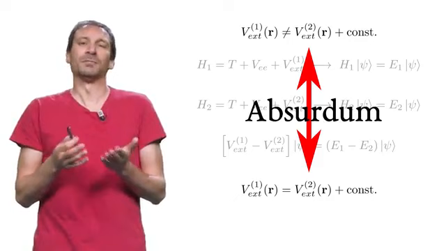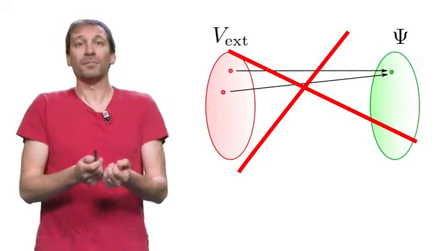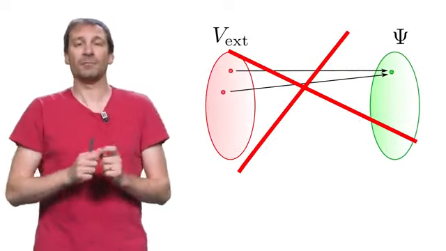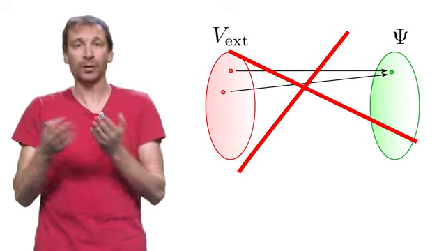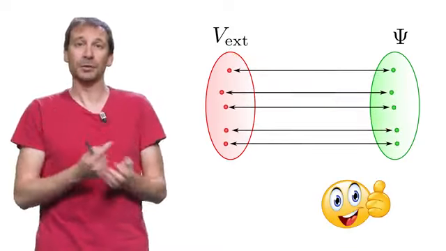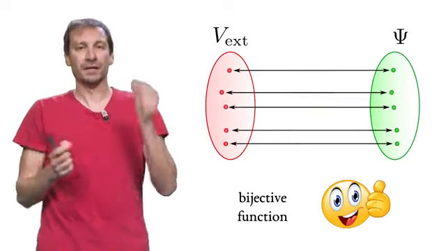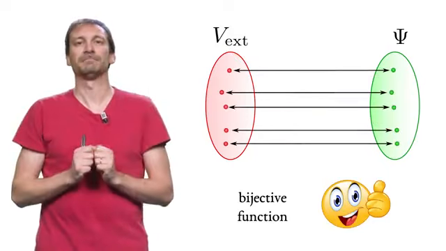Where does the absurdum come from? Clearly, from the hypothesis that two different potentials could lead to the same wave function. This leads to a contradiction. So the mapping between the external potential and the wave function is bijective. It is a one-to-one correspondence.